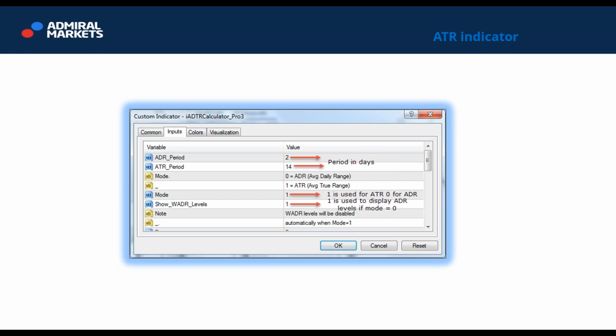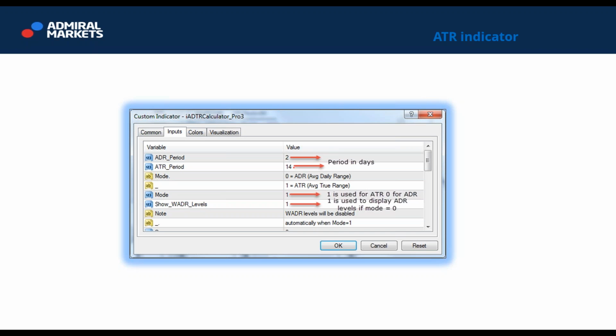And guys, one of the most important things in my counter trend trading is ATR pivot points, ATR levels. This is how the indicator looks, and I think you already have it.